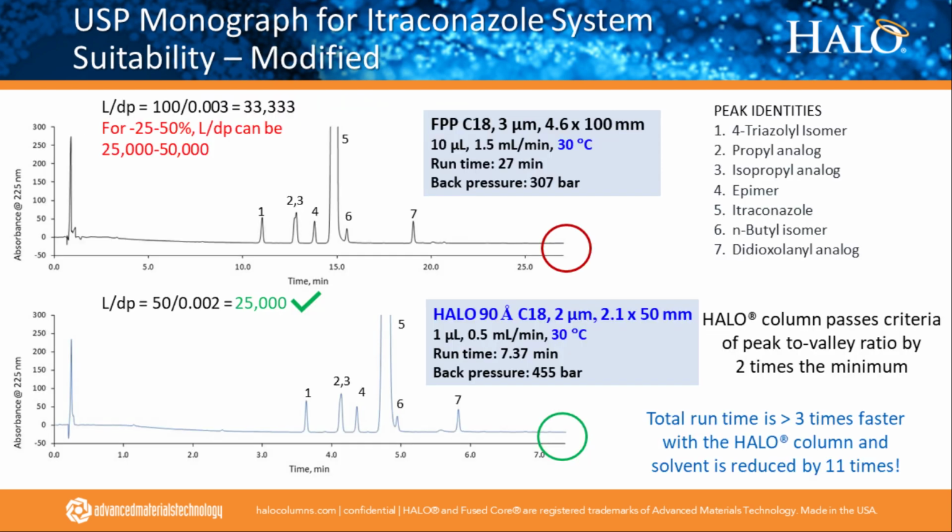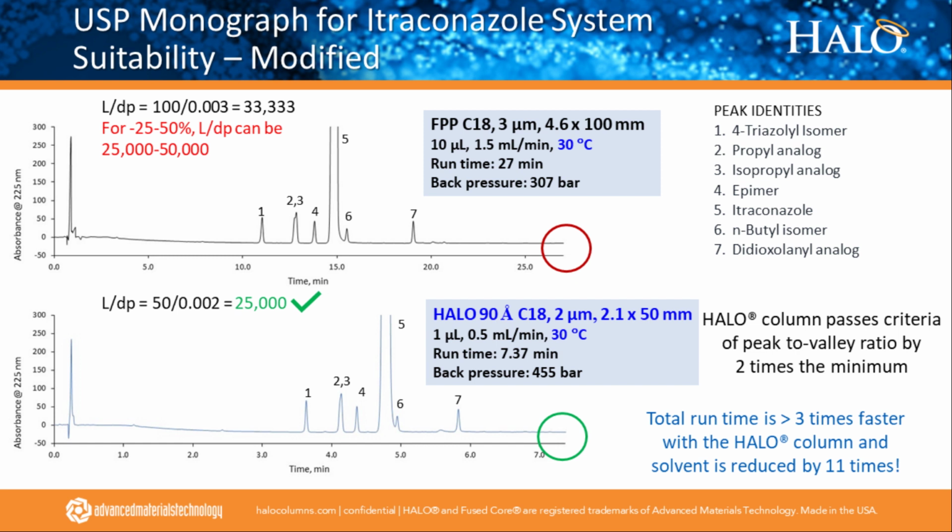We also have the USP monograph for the itraconazole system suitability. So on the top here is the original column, and the bottom is that 2 micron 2.1 by 50 Halo C18 column.